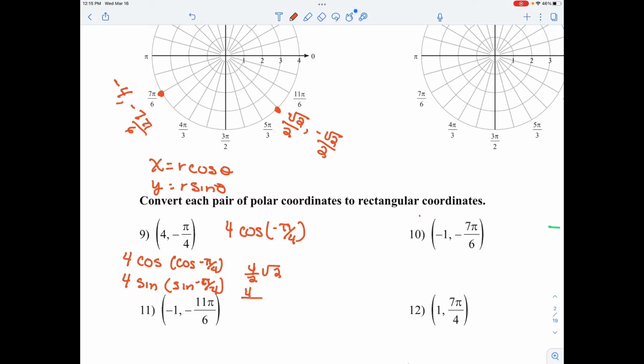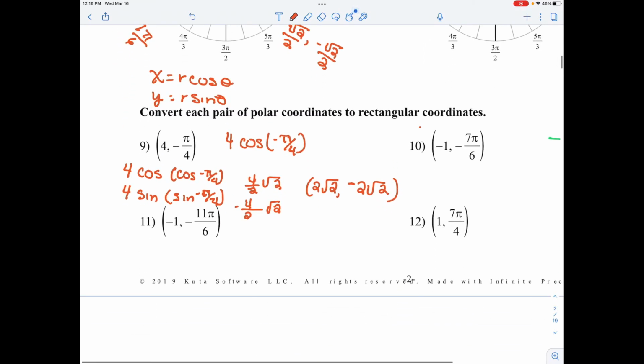And the sine would be 4 over negative 2 radical 2. So my point is going to be 2 radical 2, comma, negative 2 radical 2. Again, I keep having brain farts on these. Today I kept saying tan was x over y when I know for a fact tan is y over x.